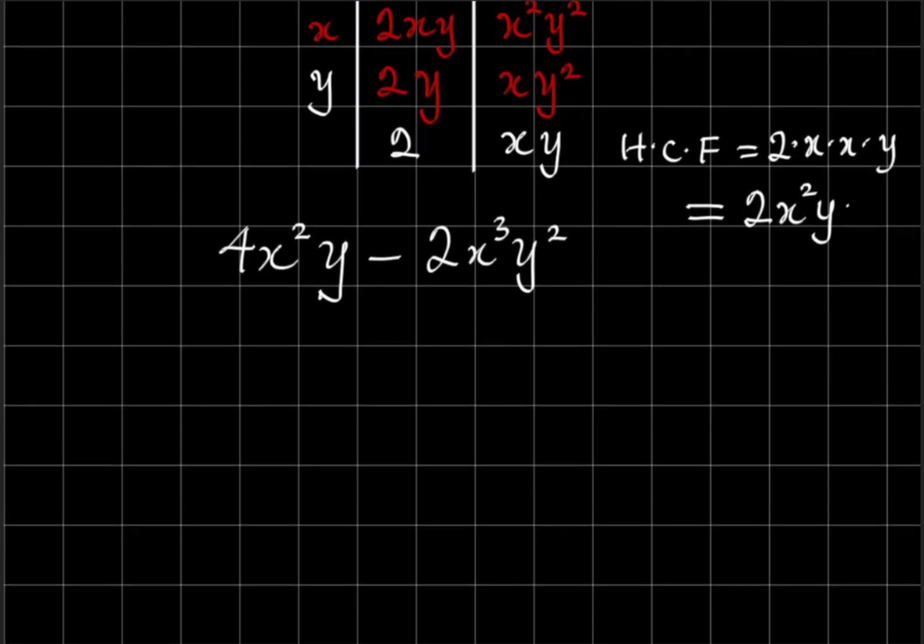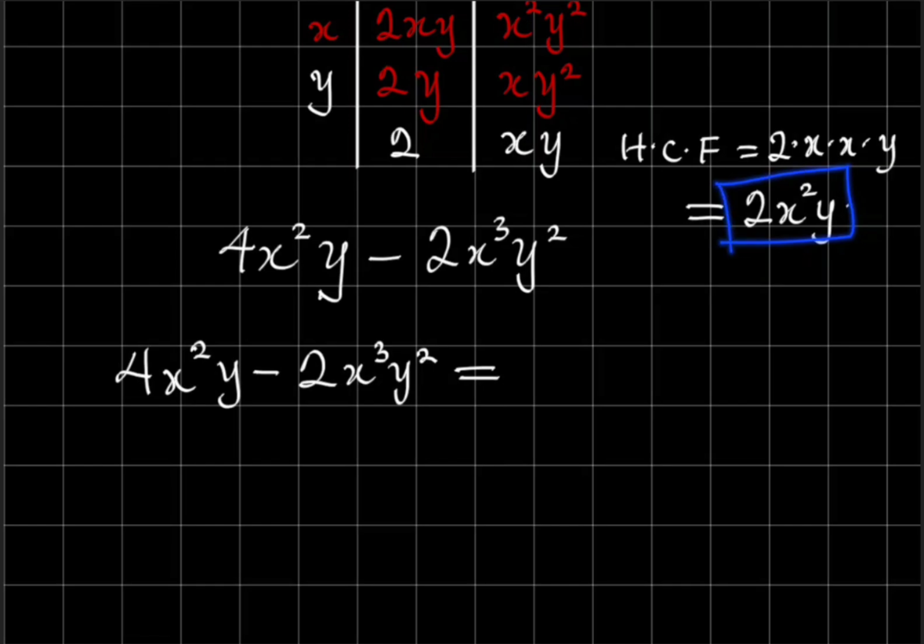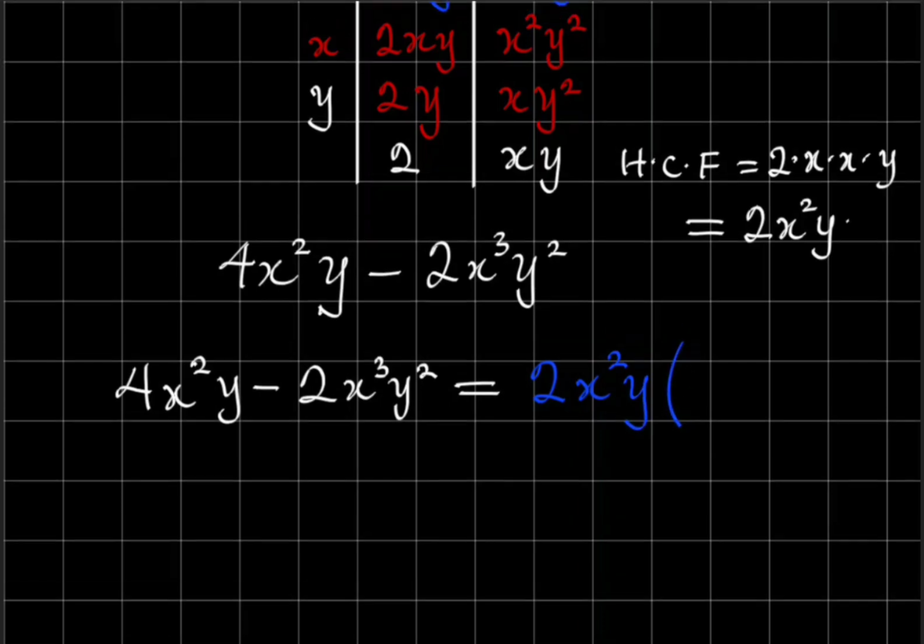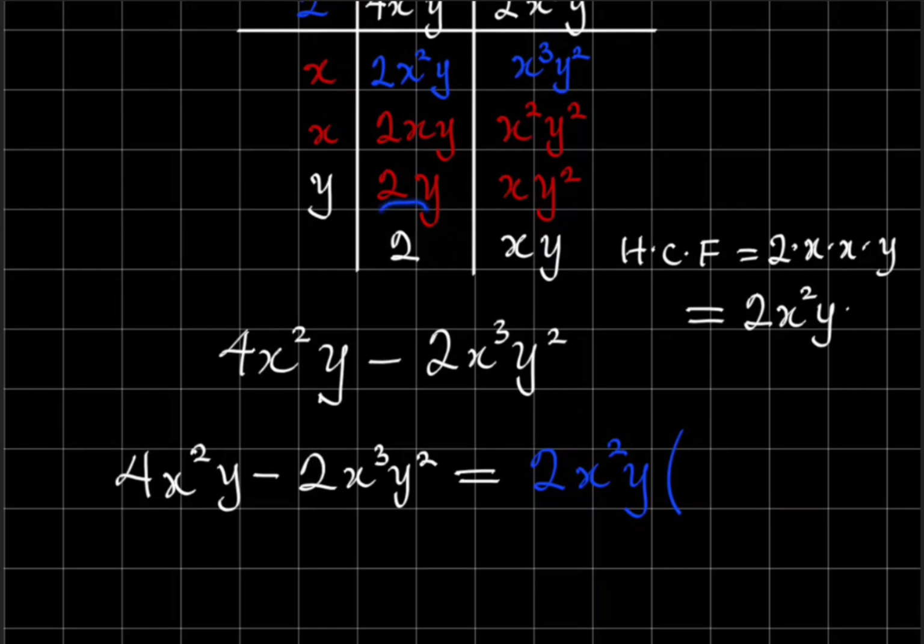Hence, if we are to factorize this, we write the question back: 4x squared y minus 2x cubed y squared is going to be equal to our HCF here, which is 2x squared y, then we open brackets, then we go back to our table where we have the leftover here, which is 2. We put it here. Then don't forget this is minus from the question.